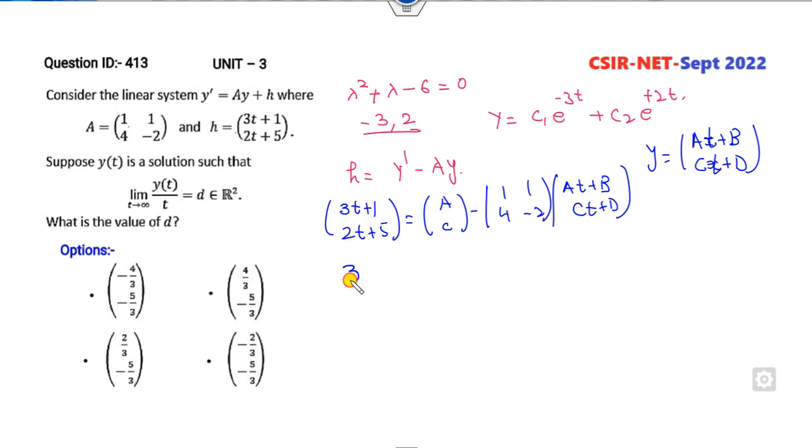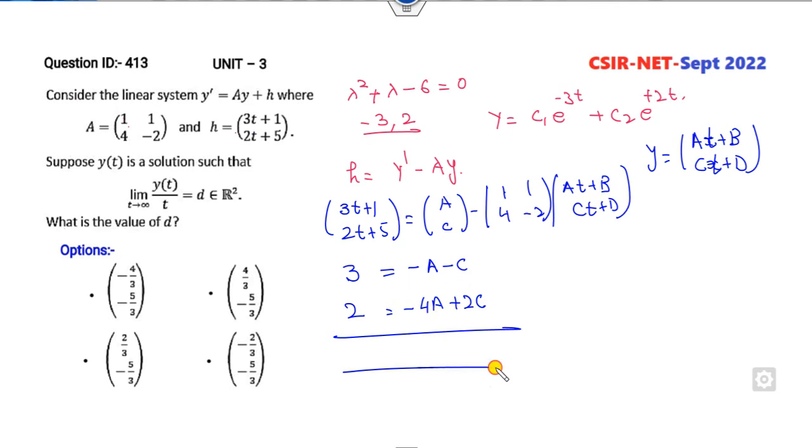Now equate the coefficients. Firstly, the coefficient of t: there is nothing on the left here, so this is a minus c, and this is a, this is c. Then another part from below is 4a minus 4a plus 2c.